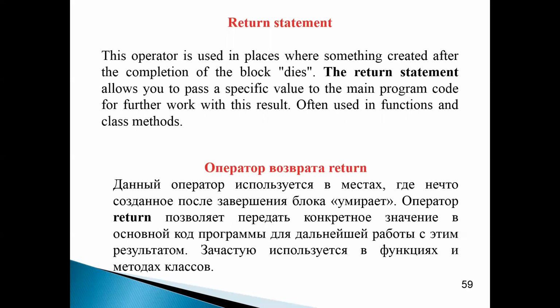This operator is used in places where something created after the completion of the block dies. The return statement allows you to pass a specific value to the main program code for further work with this result, often used in functions and class methods.